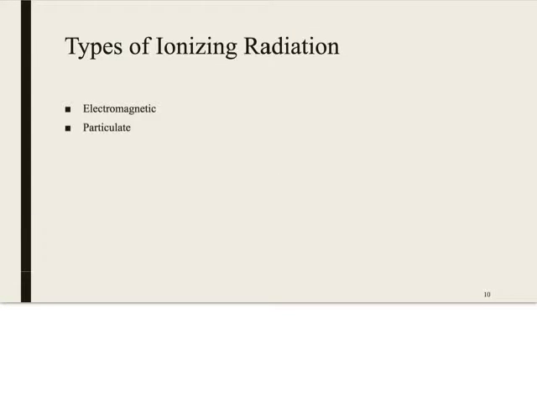Versus types, right? Types of radiation is going to be electromagnetic versus particulate. And I made a separate slide for this because I was already an X-ray tech before I finally understood that there was a difference between particulate radiation and electromagnetic spectrum type stuff.